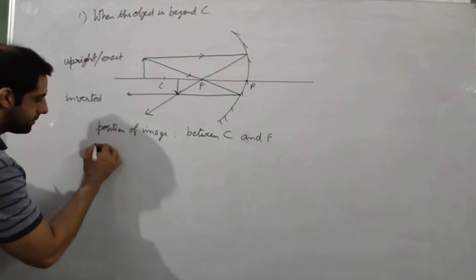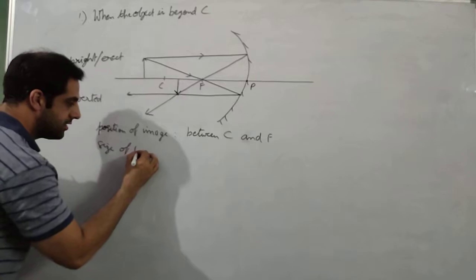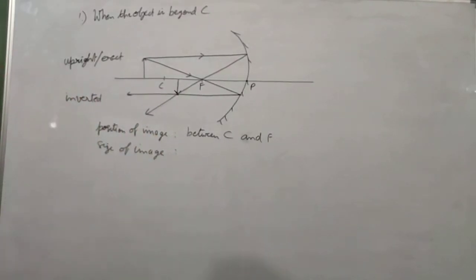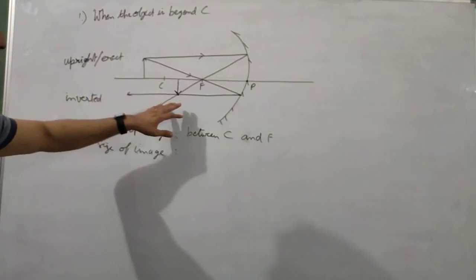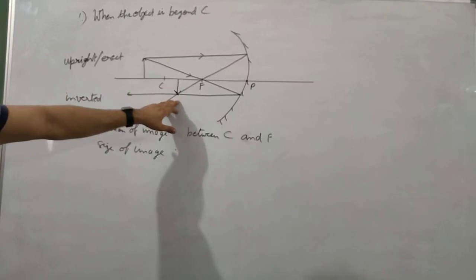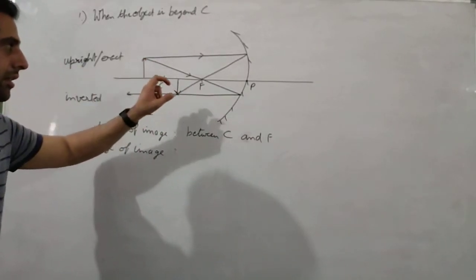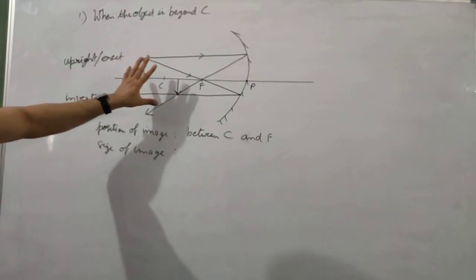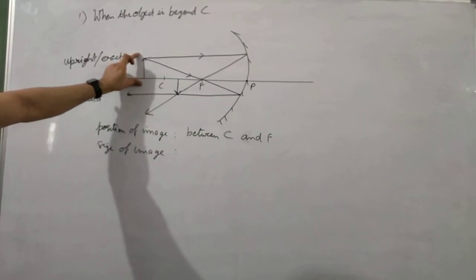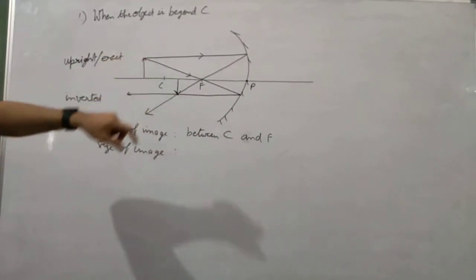Second thing is size of image. Now if you look carefully, the distinction here between the size of object and the size of image might not be very clear, but if you draw using a scale, you can see very distinctly that the size of the image is smaller than the size of the object.